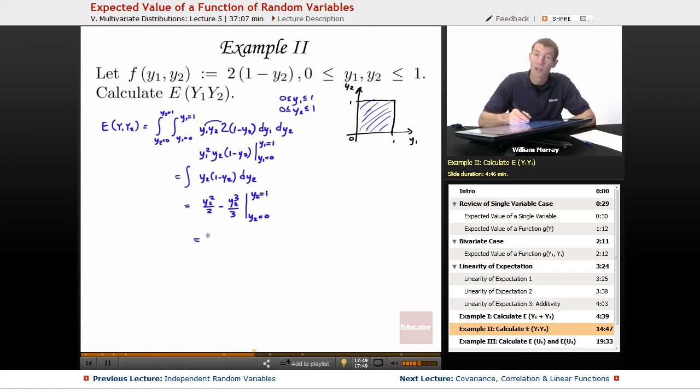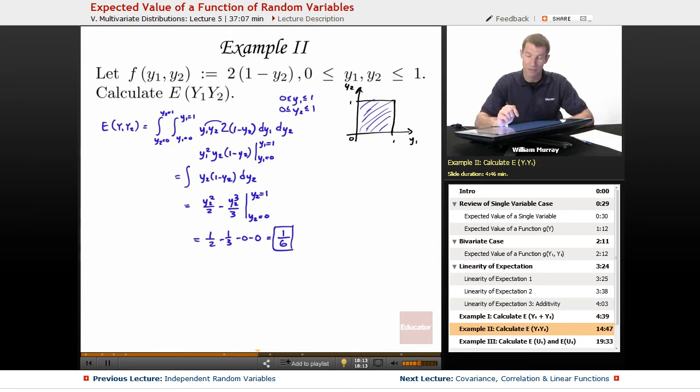If I plug in y2 equals 1, I get 1/2 minus 1/3. Plug in y2 equals 0, they're both 0. And so 1/2 minus 1/3, if you put that over a common denominator, is 3/6 minus 2/6. So my expected value of y1 times y2 is exactly 1/6.